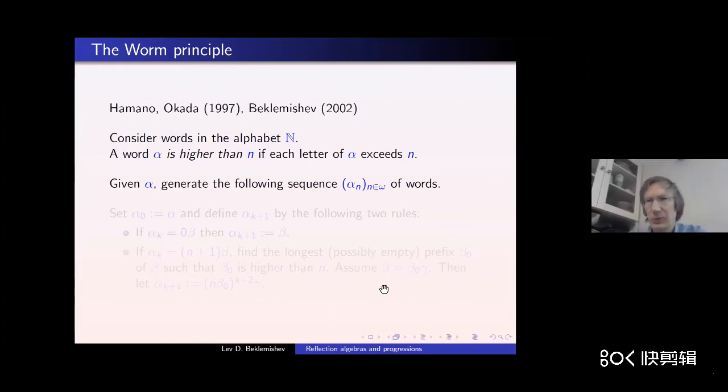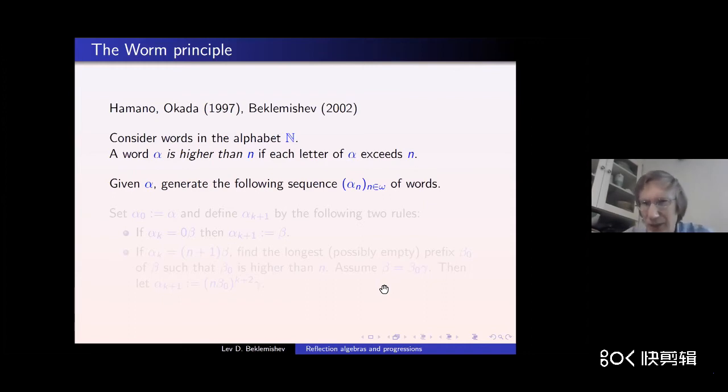It all started with the work of Paris, Kirby, and Harrington in the late 70s, who found the first and very interesting examples of such principles. The particular example that I'm talking about here was found by Hamano and Okada in 1997, and I discovered it independently, but later, in 2002.